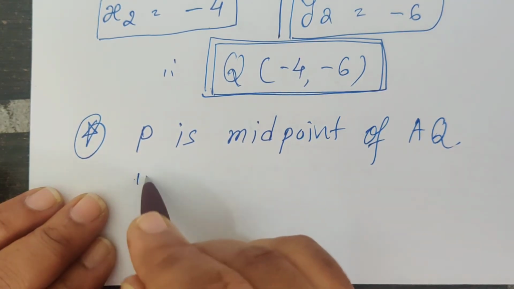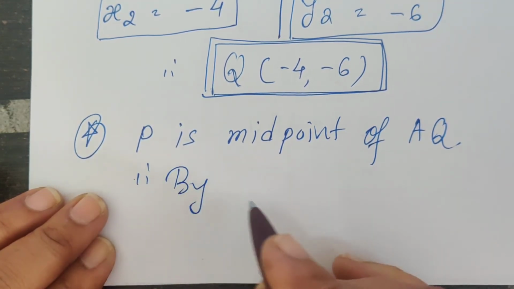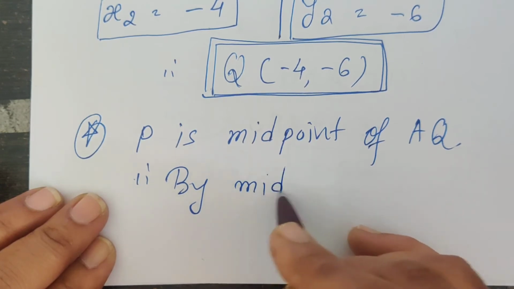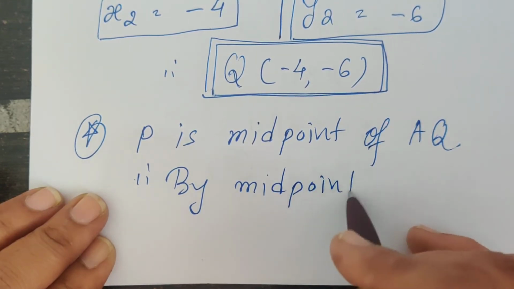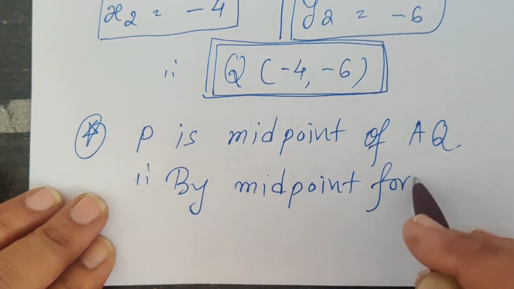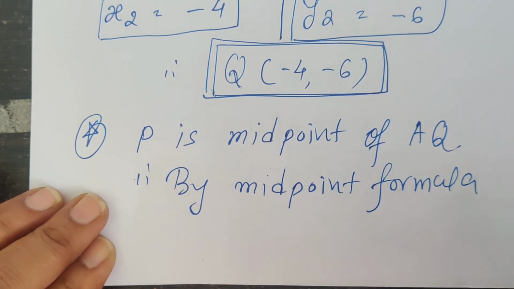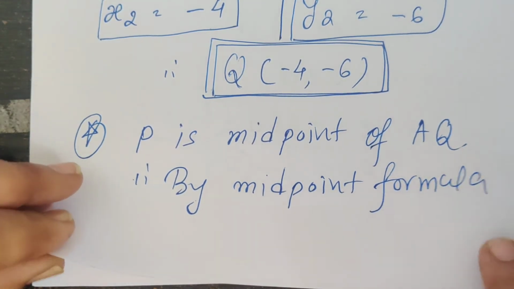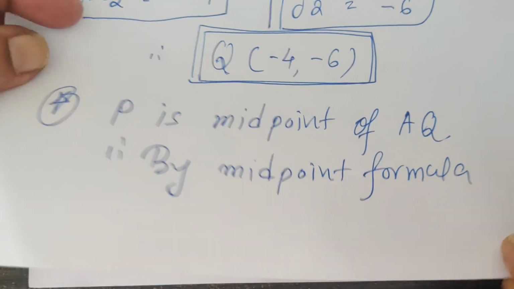and so by the midpoint formula, for A we consider x1, y1.